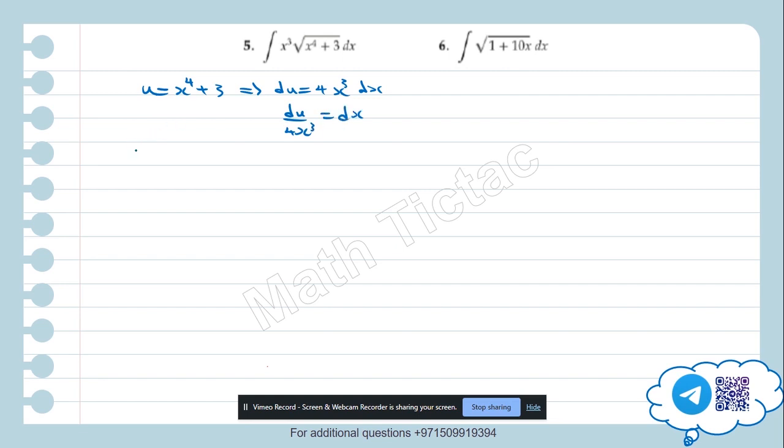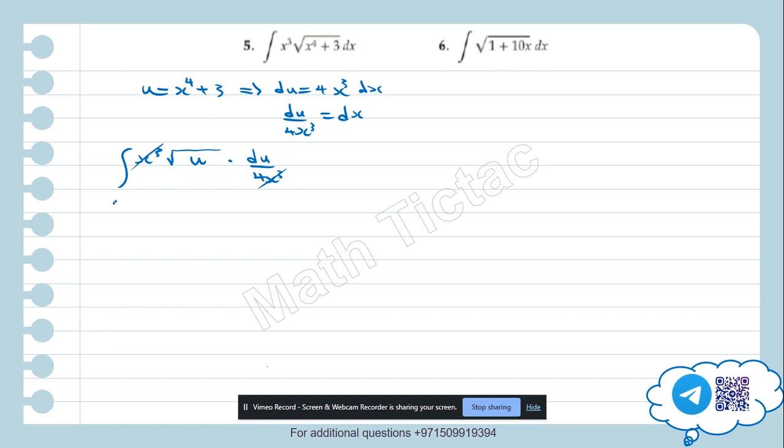So now let's substitute. In the integration, we have x cubed, then we have the square root of u, since we substituted this expression as u. Instead of dx, I will write du over 4x cubed. Now x cubed with x cubed are eliminated.